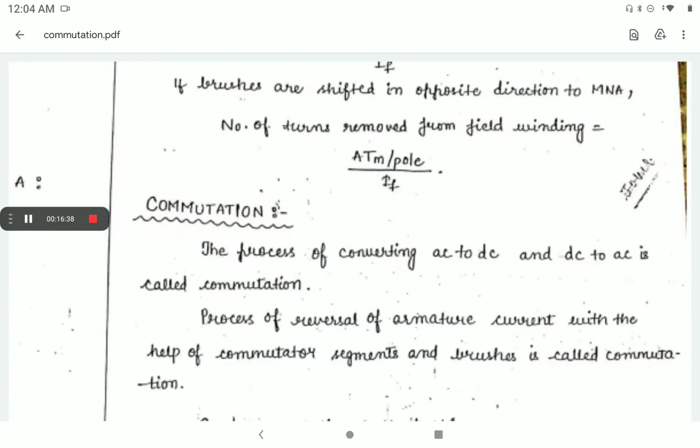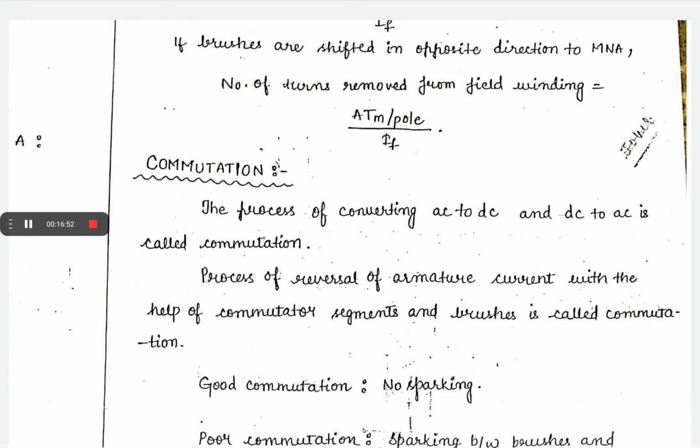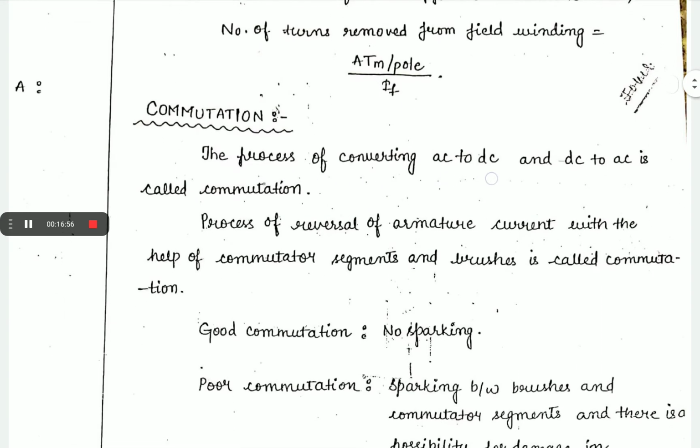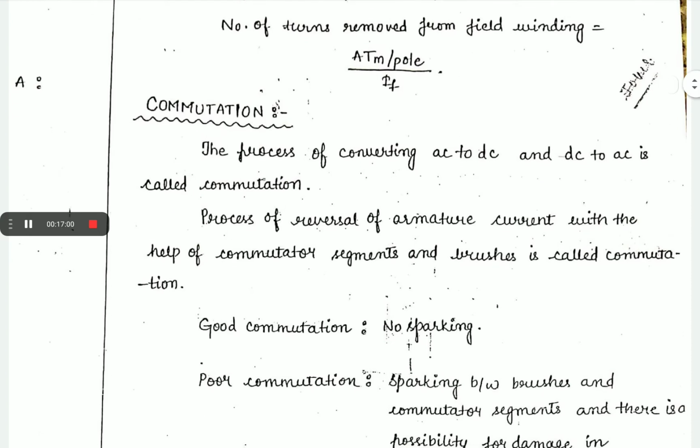The function of commutator bar is to convert alternating current or alternating EMF produced in a generator into a direct current. The commutator is used for AC to DC conversion. And the function of commutator is known as commutation. Okay, so commutation is the process of converting AC to DC and DC to AC.